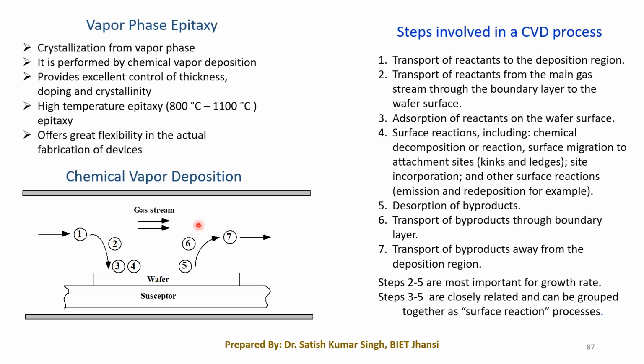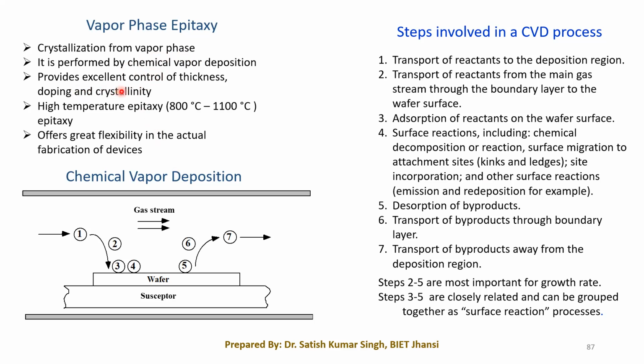In vapor phase epitaxy, as I already explained, the crystallization, or you can say the growth of the layer, takes place from the vapor or gaseous phase, due to a certain chemical reaction. Then a particular thickness and doping can also be controlled.